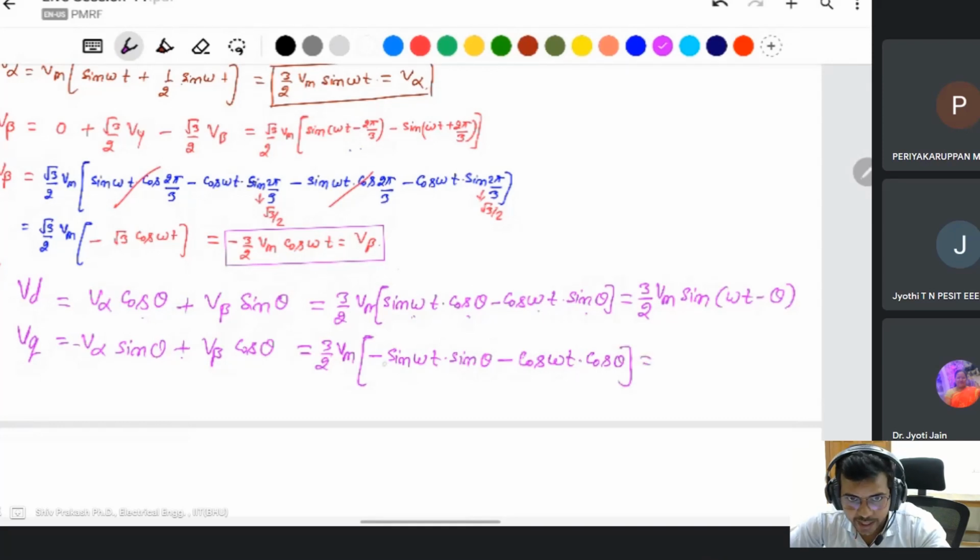Both are minus, so I can take a minus outside, then this will be cos A cos B plus sin A sin B. It means cos(A minus B). So it is minus 3 by 2 Vm cos(A minus B). Then Vd is 3 by 2 Vm sin(omega t minus theta), and Vq is minus 3 by 2 Vm cos(omega t minus theta).